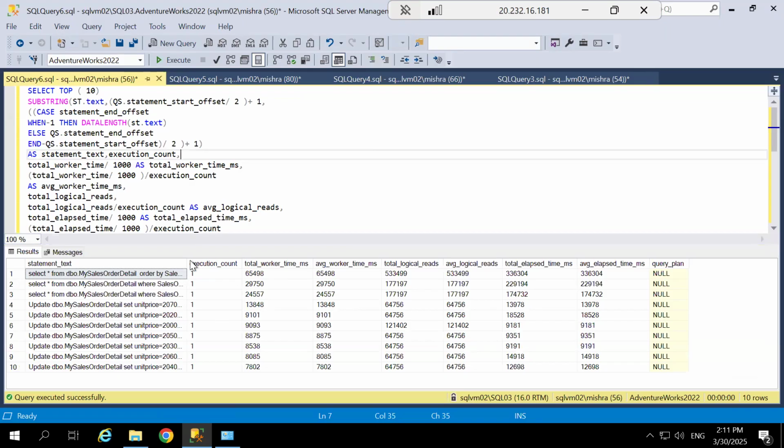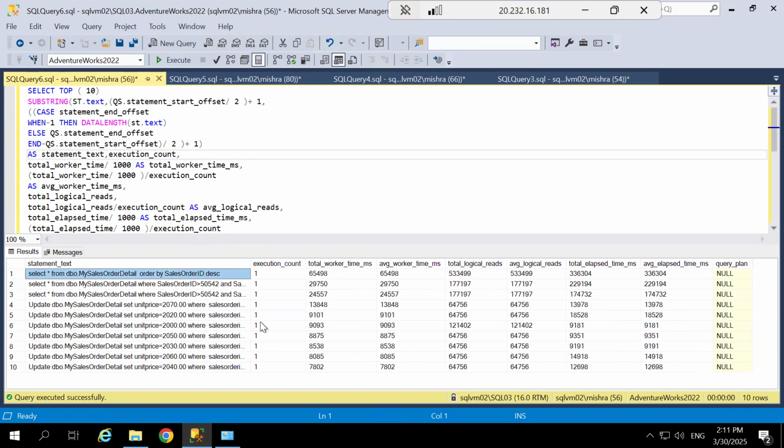It's showing one execution. Oh, the query was different. Total worker time in milliseconds. Let's check for the last query. This is my last query, right? Total worker time was here 7802, one execution, 7802.